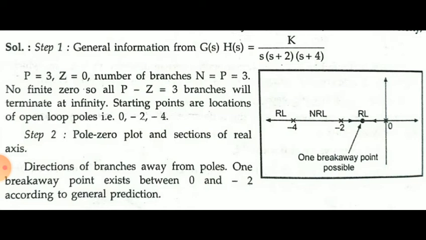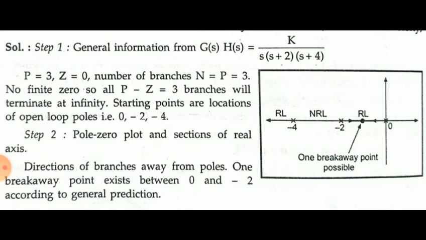So if you take a point in between 0 and -2, then there is one pole on the right hand side of that particular point.